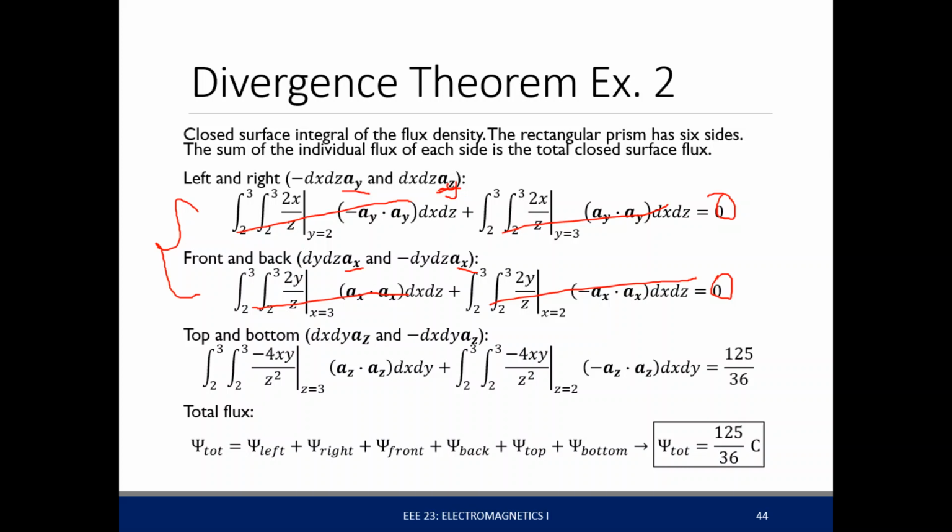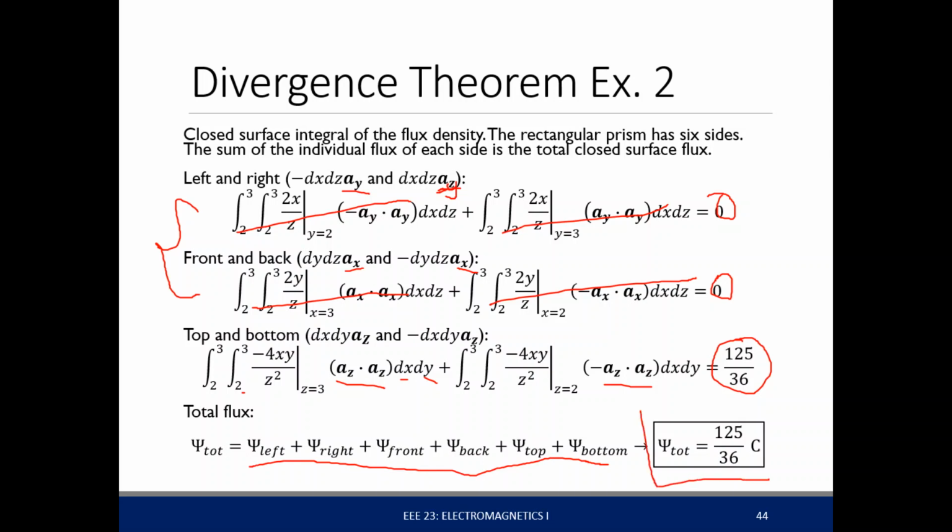For the top and bottom, it's different. For the top and bottom, it's along az hat and along negative az hat. So we evaluate the integral with the bounds of x from 2 to 3 and y from 2 to 3. Evaluate that, you'll get this result right here. The total flux is just the sum of the flux of each face of the cube.